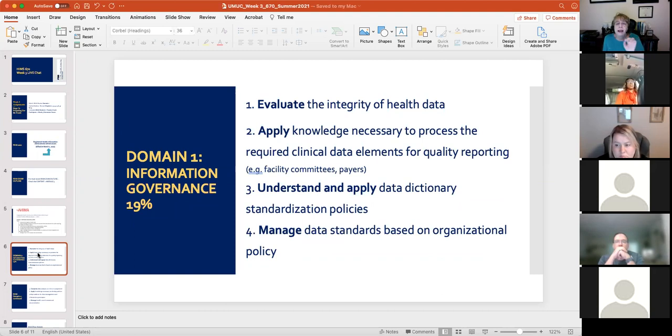Understand and apply data dictionary standardization policies. So you need to not only understand what a data dictionary is, you need to know what the standardization policies are in the healthcare industry, and you have to understand how you will apply this. How will you use this?